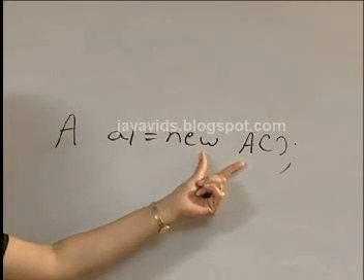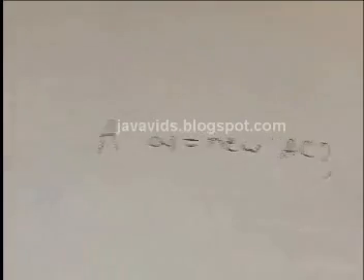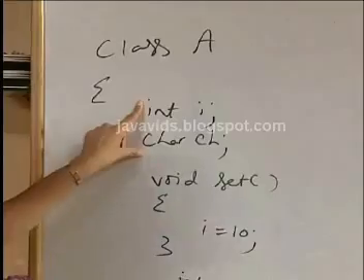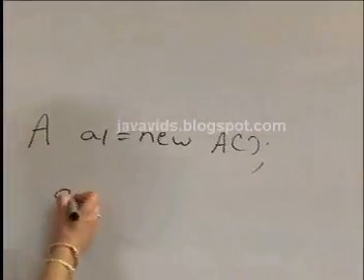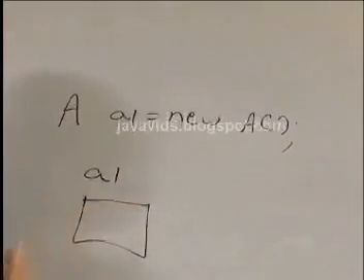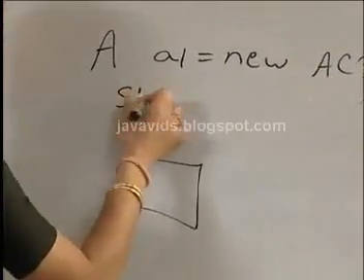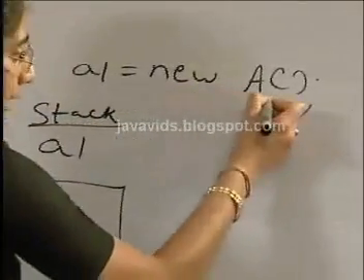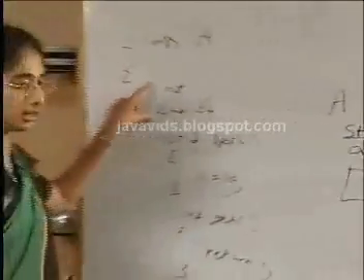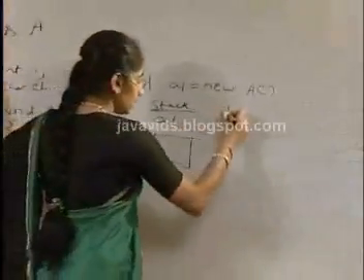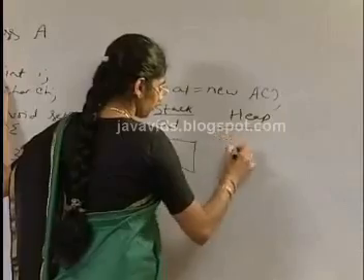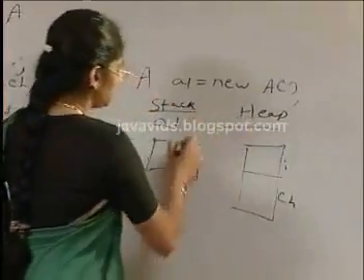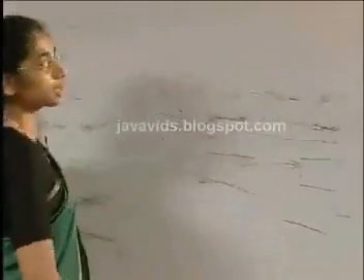When you create an instance of a class, memory is allocated for the variables that are defined in the class. So this A1 gets a memory on what is called as a stack. When you say new A, memory is allocated for these variables on the heap memory, and this A1 would be pointing to this heap memory.